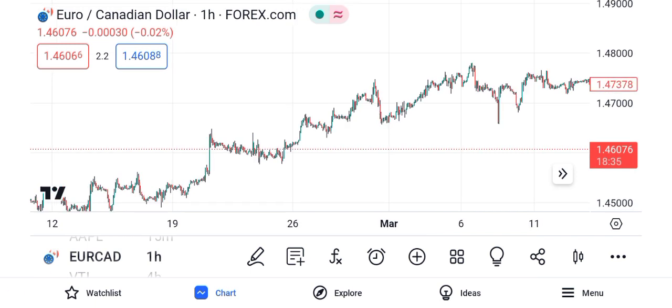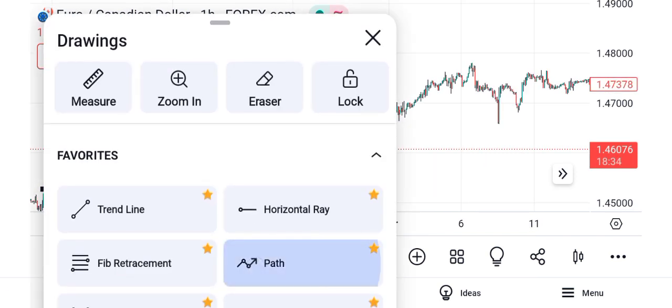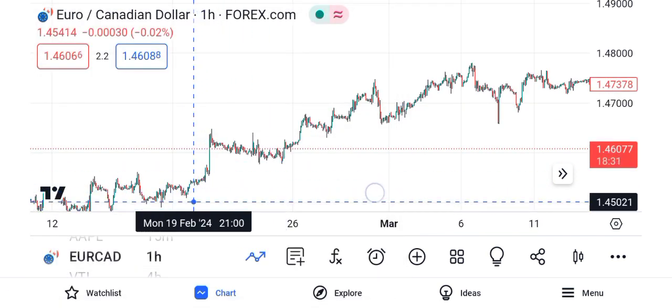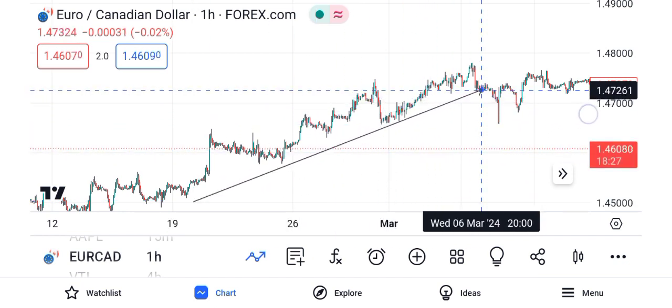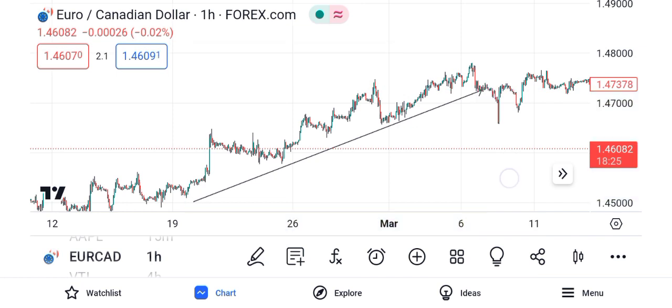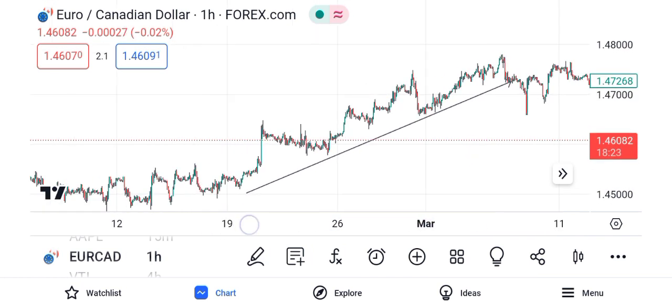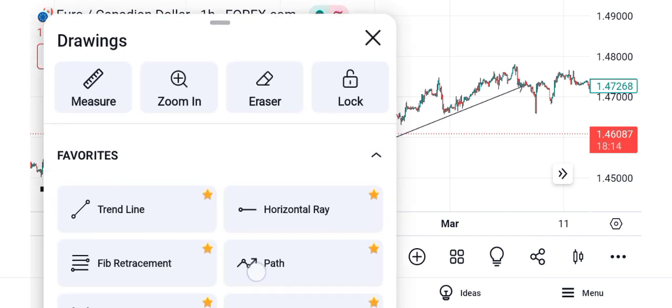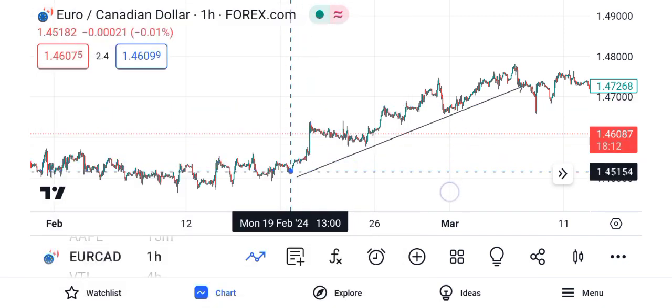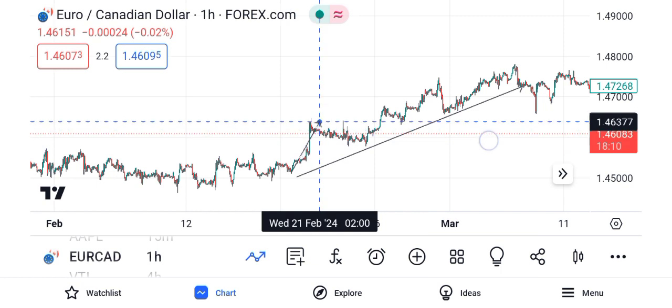You notice that in this scenario, the market is moving upward like this, in this direction. I hope you are seeing that. Now, in order to get a better and clearer view of the market, you are going to take your path tool, starting from this point here, and draw.